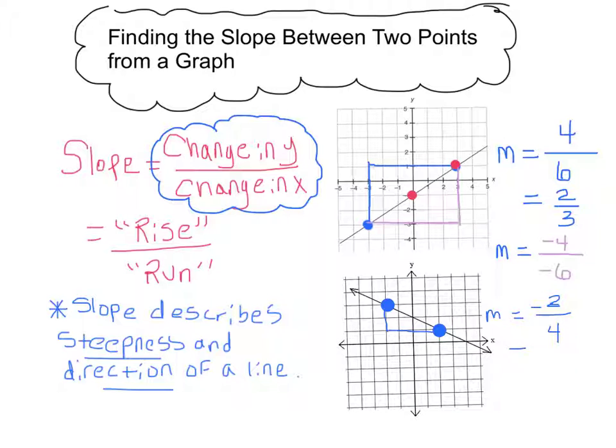We could also reduce this to negative 1/2, and by doing that, we see that we could get points in the in-between. So hopefully this helps in explaining how we can figure out the slope between 2 points if we have a graph in front of us.